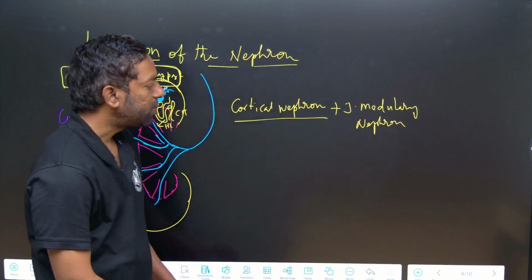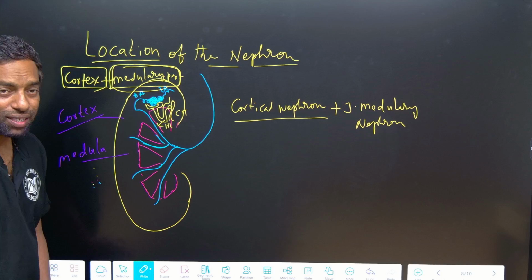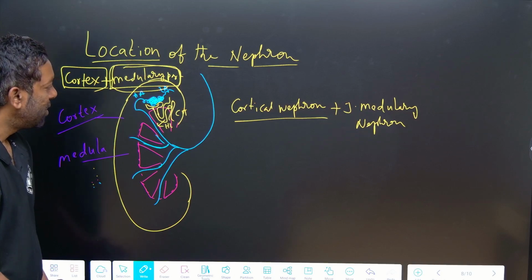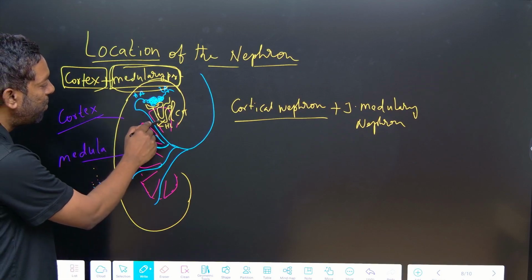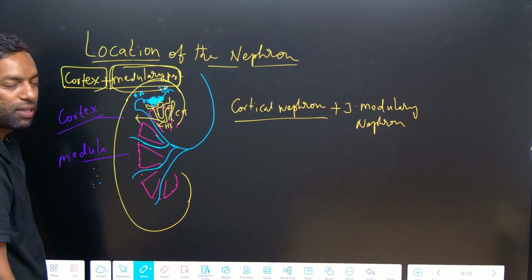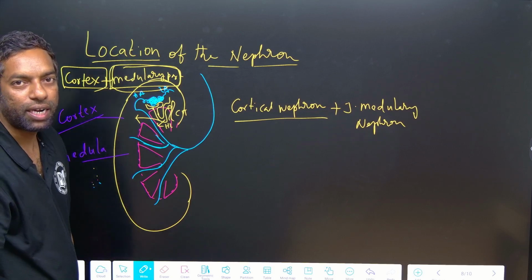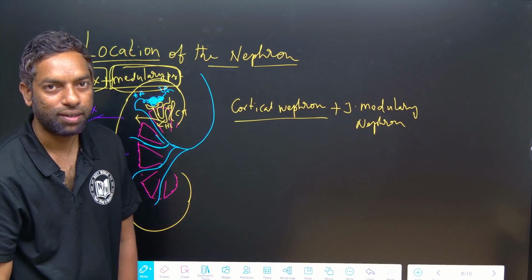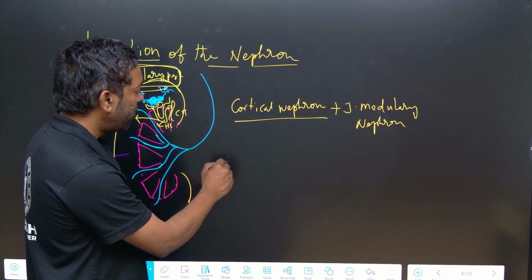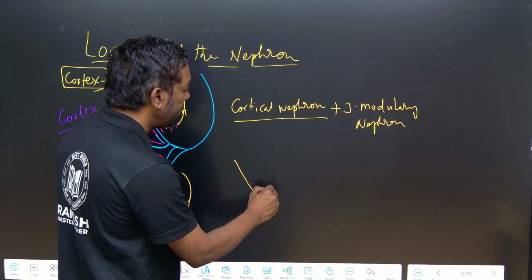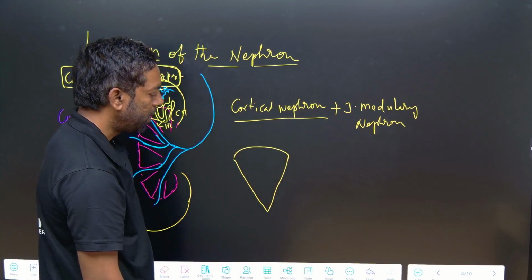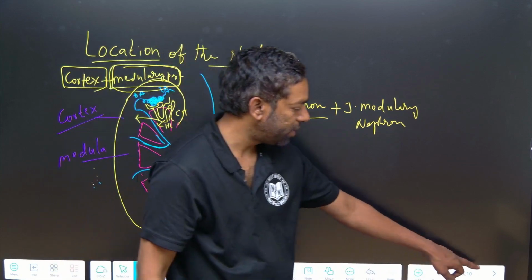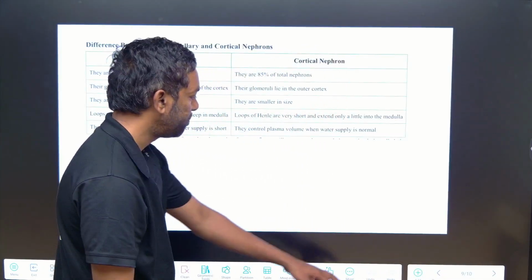Just look here: in cortical nephrons, the Henle loop does not elongate that much into the medullary region. We are going to discuss this in the slide, guys.